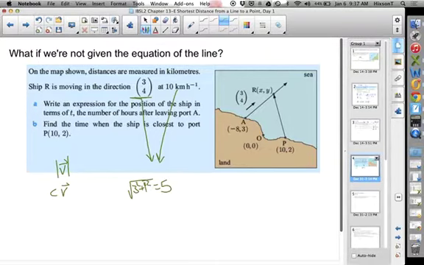If we multiply a vector by a constant, then the magnitude will be multiplied by that constant as well. So we see here, hey, our direction vector only has a magnitude of 5. I want a magnitude of 10, so I'm going to multiply it by 2. So what's my actual velocity vector here? 6, 8. Yeah, 6, 8.